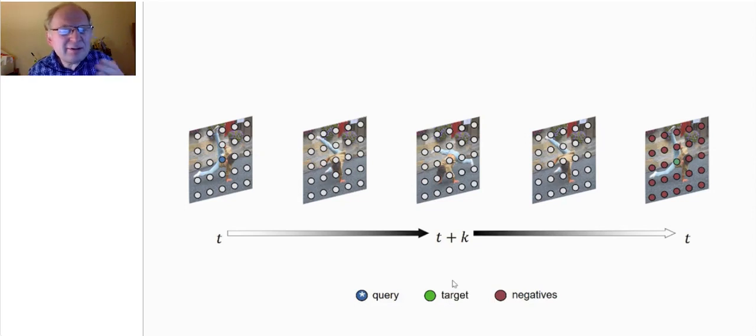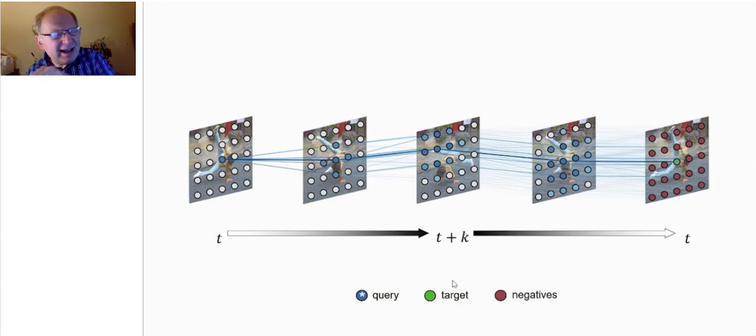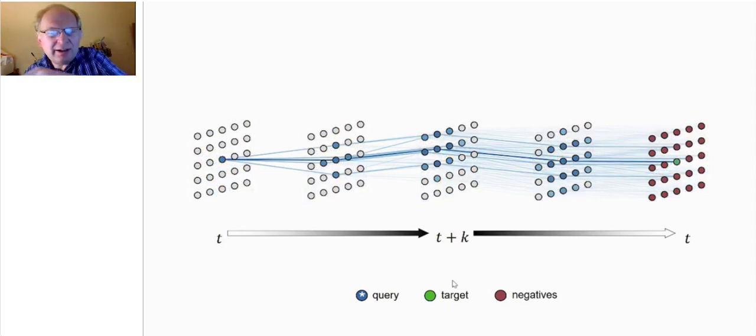And this random walk is steered towards ending up at the target frame, the green node of the target frame, which is exactly the same node as what we started with, because this is a palindrome. Okay, and so now we have a very nice contrastive problem. We need to get to the green node as our positive, and not get into the red ones, which are our negatives.